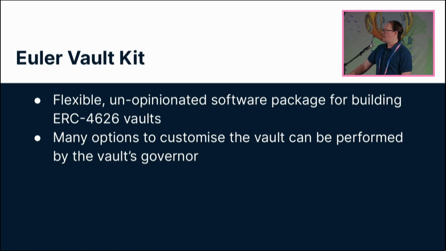Okay? And it's what we like to think of as a very flexible and unimpeded software package. So it's really got a lot of knobs you can turn and a lot of settings you can configure, and it really allows you to create bespoke and custom vaults and by extension lending products on top of them.